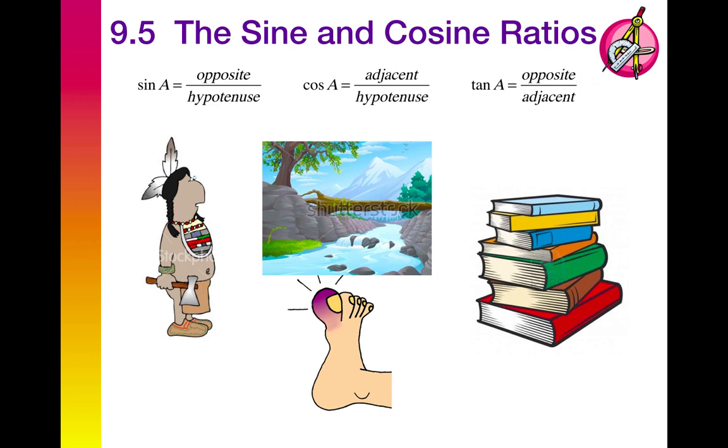So they called him Chief SOHCAHTOA. SOHCAHTOA stands for the sine opposite over hypotenuse, cosine adjacent over hypotenuse, and tangent opposite over adjacent.